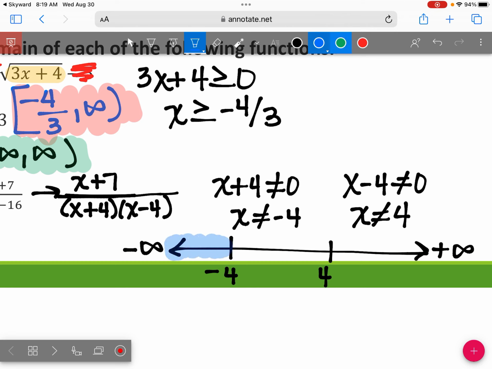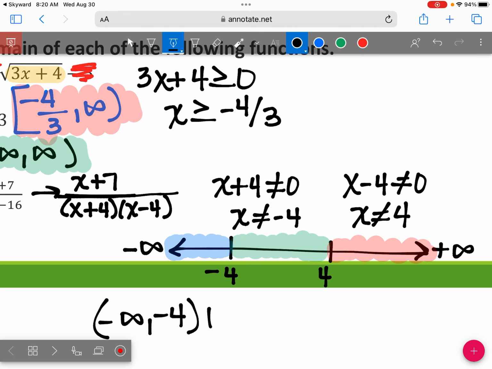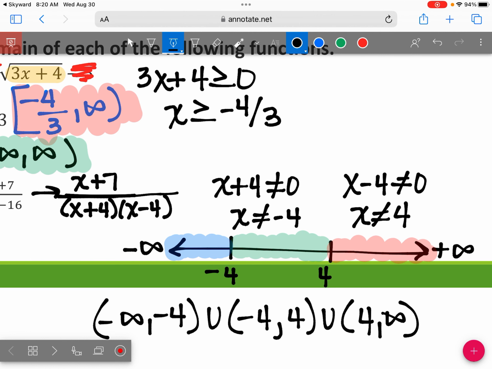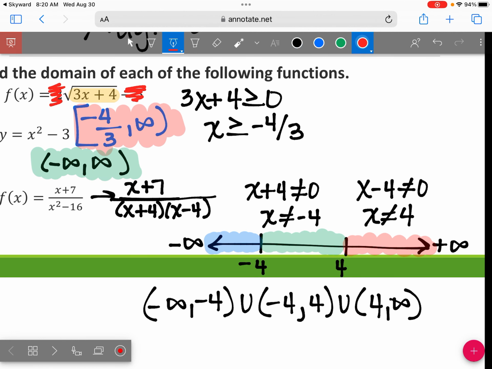That's my first piece. And then in between -4 and 4, and 4 to infinity. There's 3 pieces of the domain. So you would say your domain for part C is -infinity to -4. We don't have any brackets because it cannot equal 0 in the denominator. So no brackets, all parentheses. And that would be your final answer.